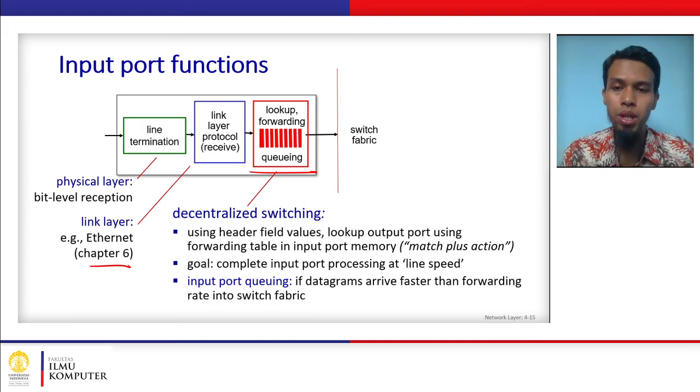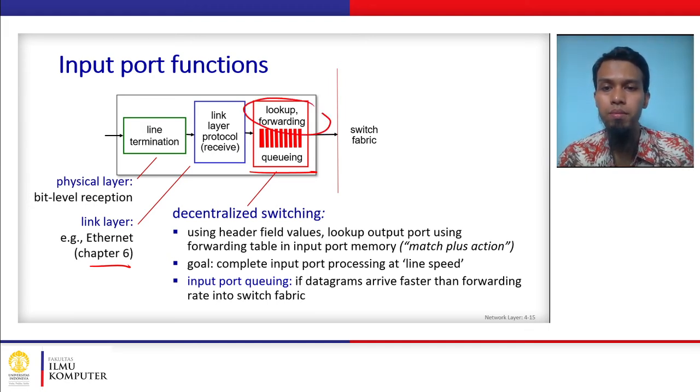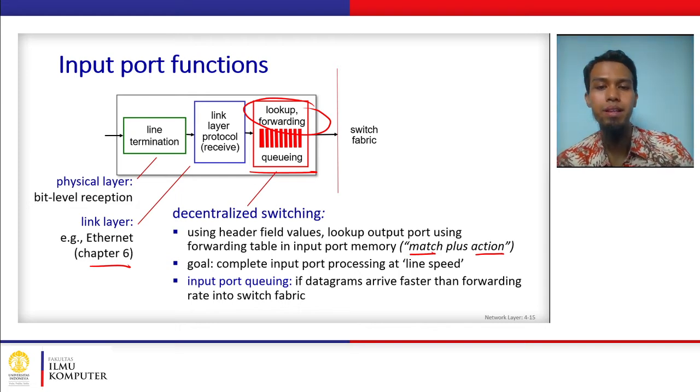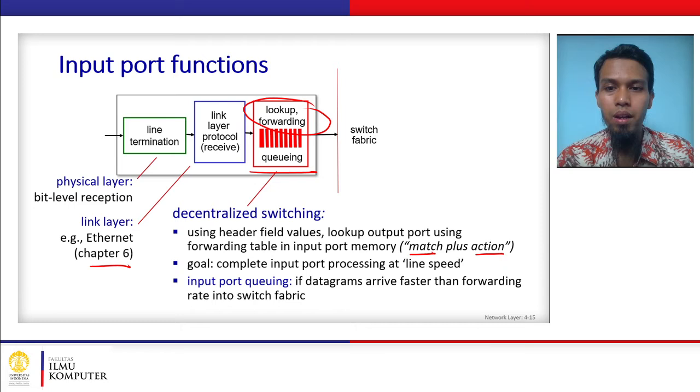We'll talk about the queuing later. There are two functions, lookup and forwarding, also called match and action. Matching means we do a table lookup from header field values.